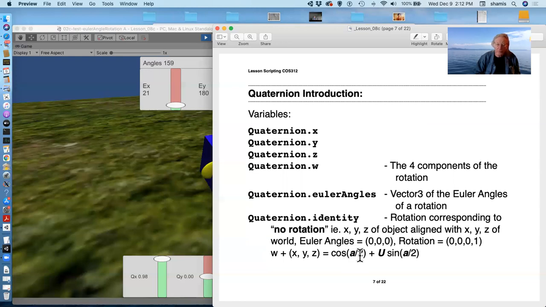Cosine of 0 is 1, plus the sine of 0, which is 0, times any vector, is 0, 0, 0. So those methods.